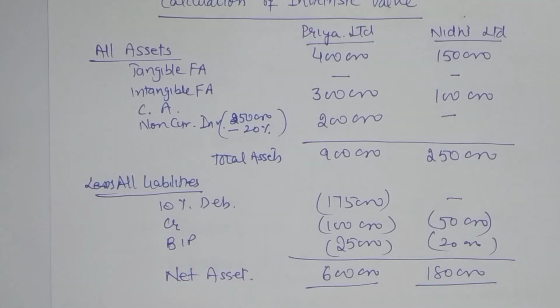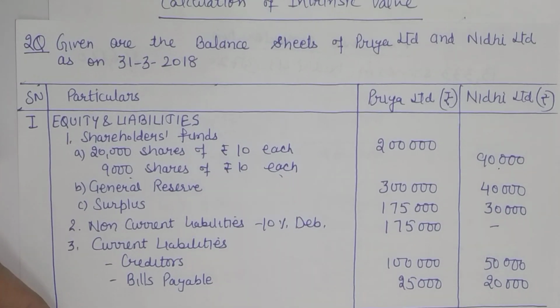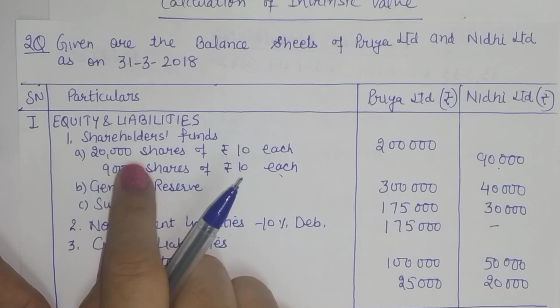Now in order to calculate intrinsic value per share, we have 3 cases, right? Number 1 is only equity, number 2 non-participating preference shares, number 3 participating preference shares. In this problem we just have equity shares; preference shares are not given.